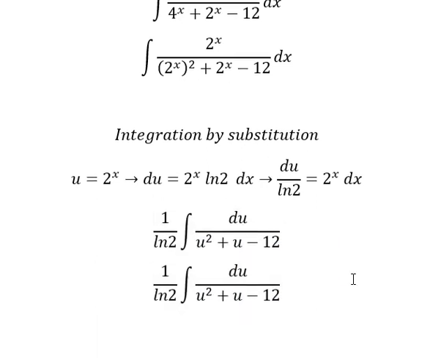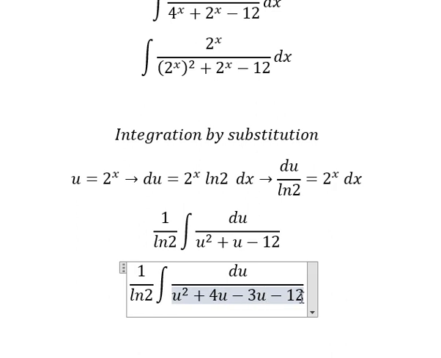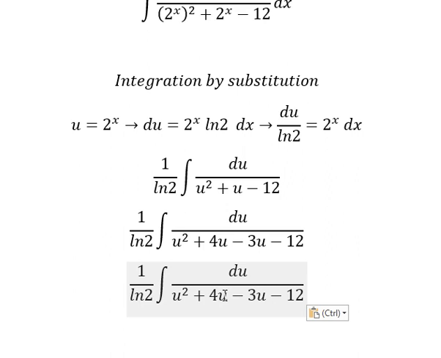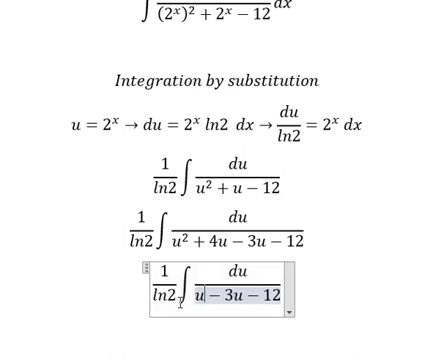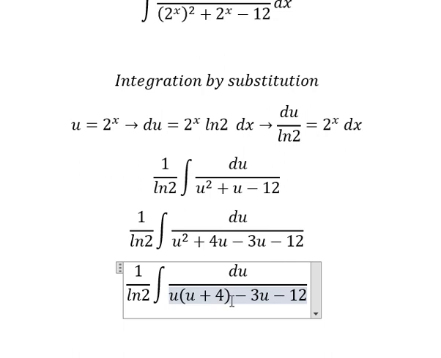Next, about u, we can put it into 4u minus 3u. Next, we can do factorization by u. This one by negative 3.